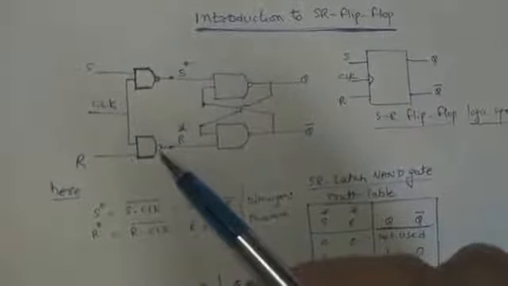So as we apply De Morgan's theorem to these two, we get S bar plus clock bar for S star, and for R star we get R complement plus clock complement.